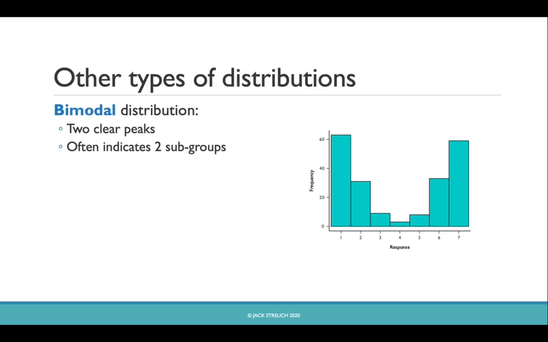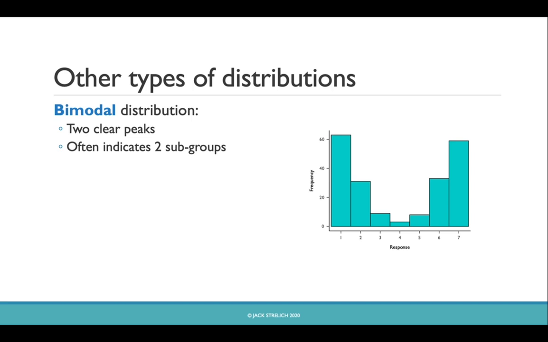Let's talk briefly about some other types of distributions we might see. The bimodal distribution, which we can see in the graph here, has 2 clear peaks. There are many different things that can give rise to bimodal distributions. One of the most common ones is if there are actually 2 subgroups that we're drawing data from. As a rather silly example, imagine that we were measuring college students' hair length in, say, 1955, and we plot it here in inches.